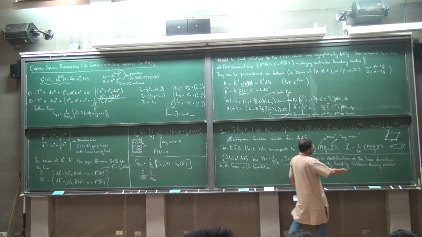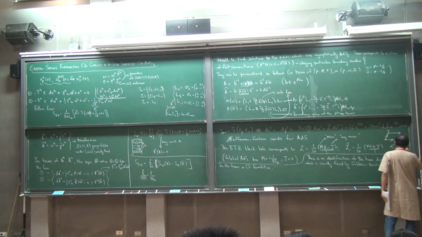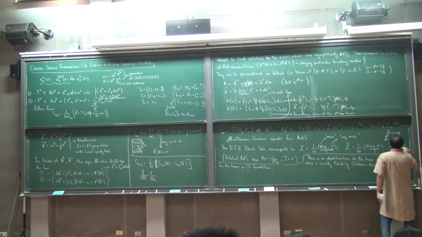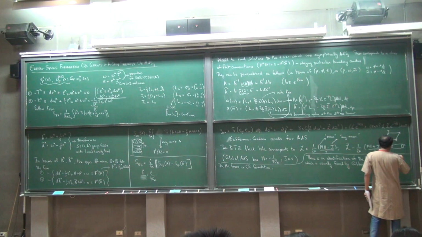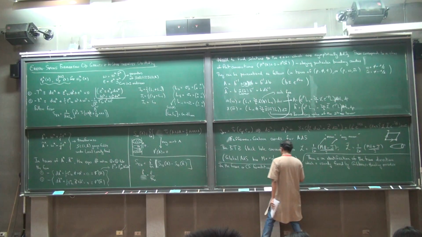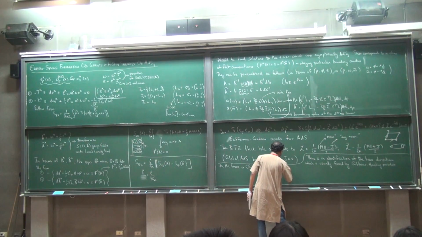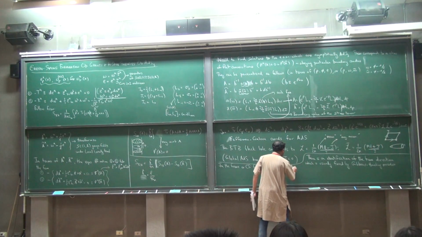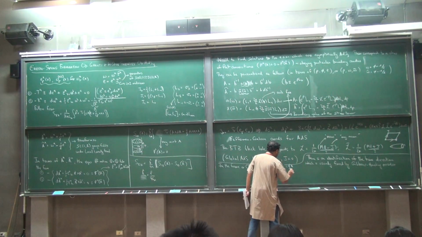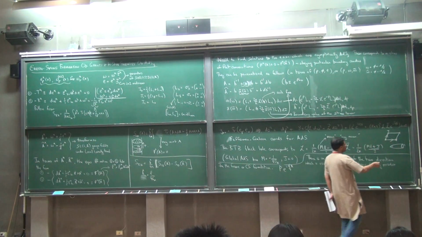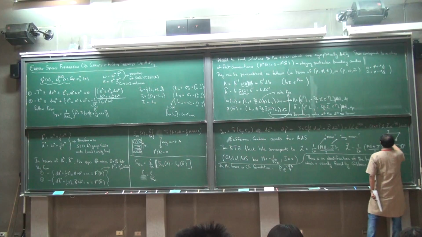But now you can talk about the holonomy of these gauge fields along this time direction. So the holonomy is the path-ordered exponential of A or A tilde, along, say, this time circle.